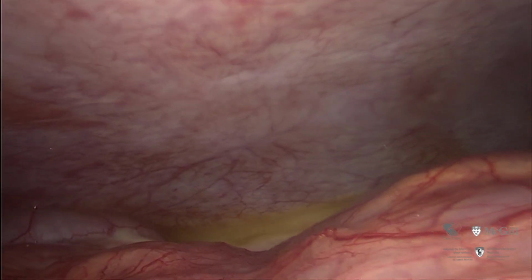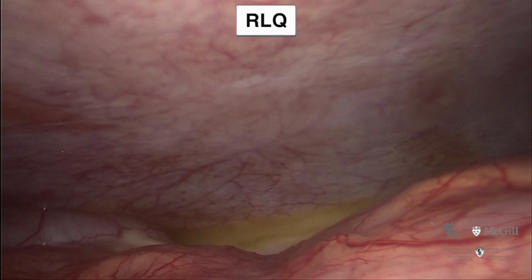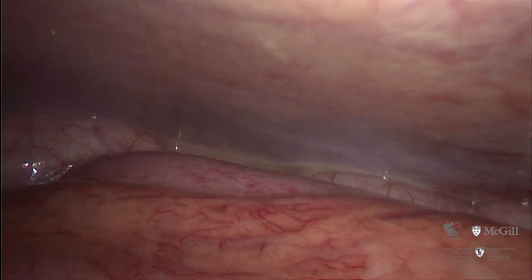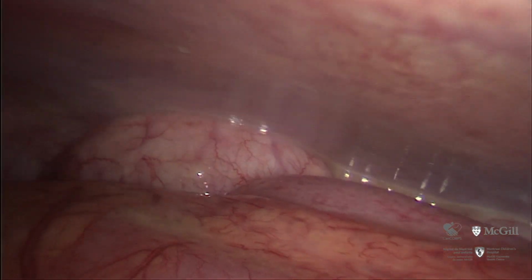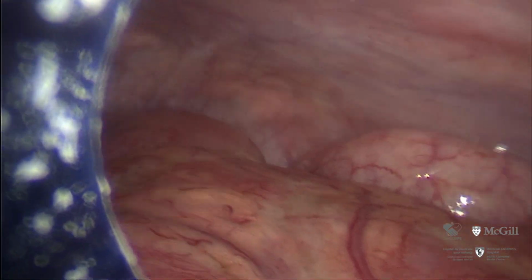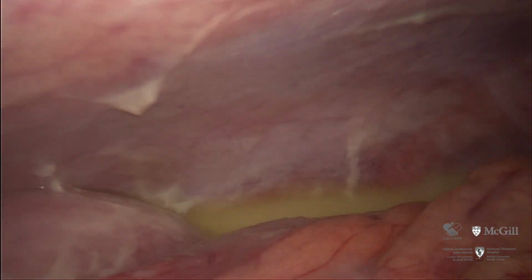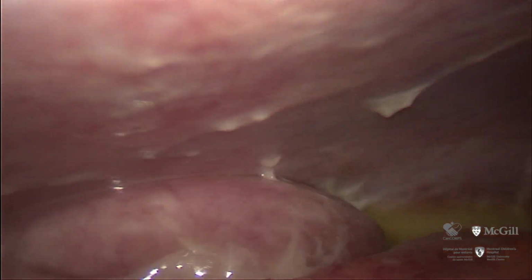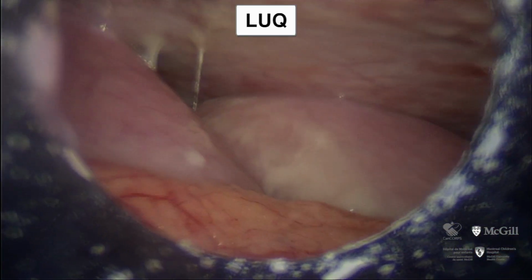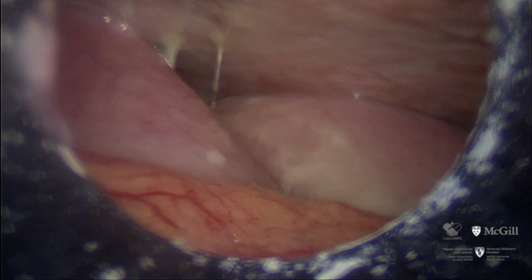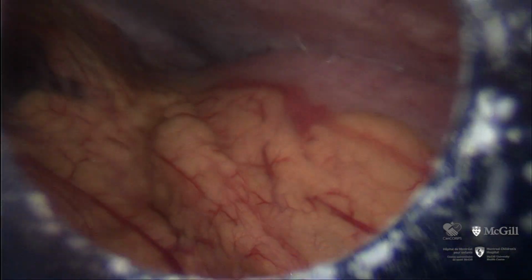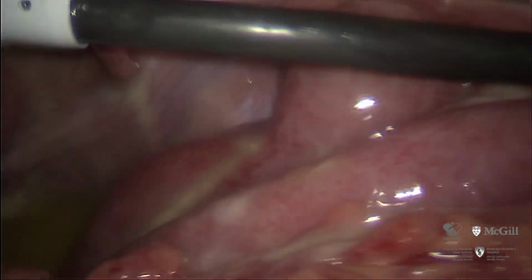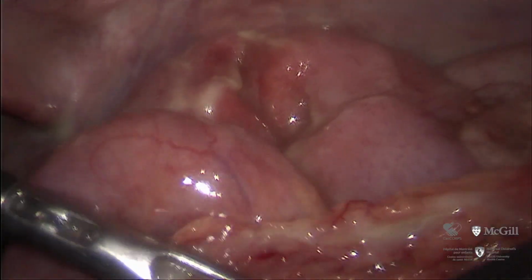We also see purulence and a severe inflammatory process in the right lower quadrant, extending into the pelvis, as well as in left lower and left upper quadrants. There is pus and fibrinous exudate between the bowel loops. In this patient, no abdominal region is spared.